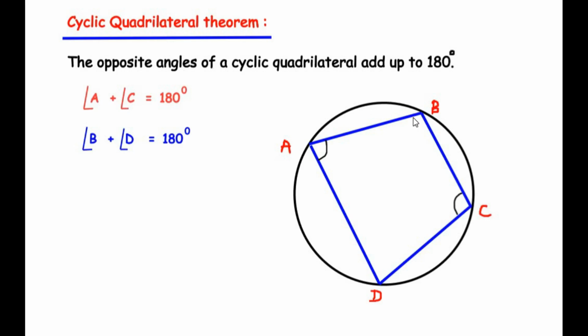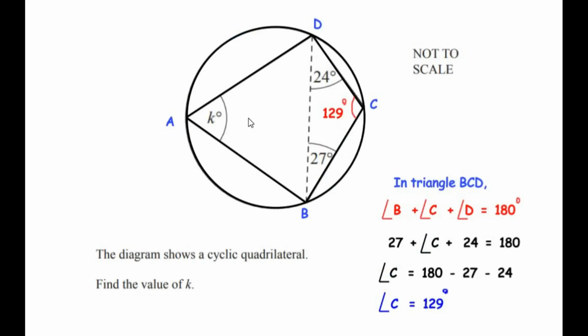And if we are considering angle B, the angle opposite to angle B is angle D. And when we add these two angles, we are going to get again 180 degrees. So let us see how we can make use of this theorem to solve the example above. Now here, using the cyclic quadrilateral theorem, we can see that angle A is opposite to angle C. So when we add them up, we should get 180 degrees.